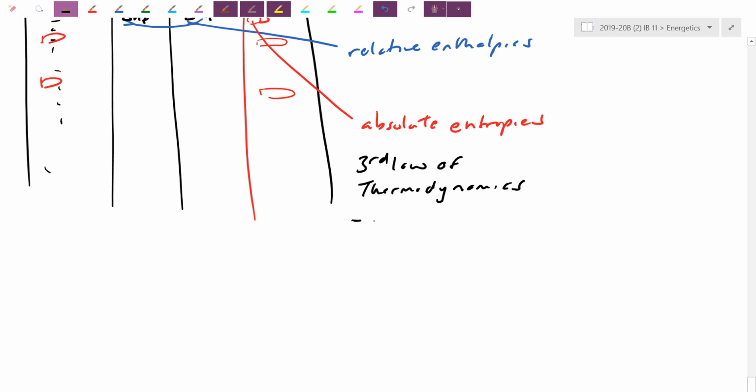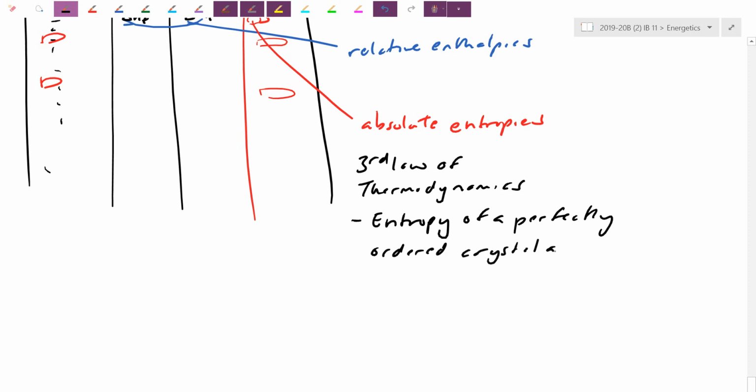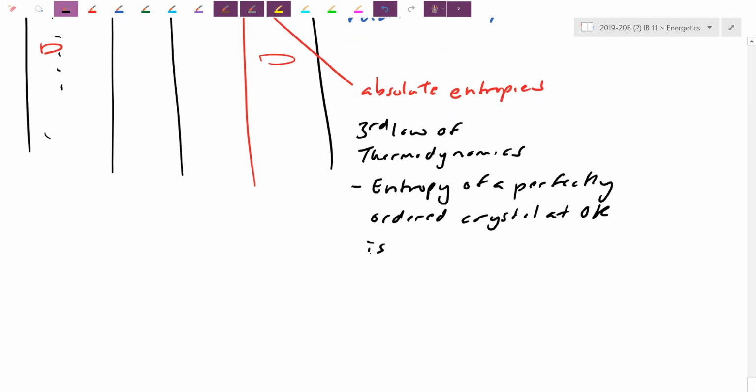And here, the third law is: the entropy of a perfectly ordered crystal at 0 Kelvin is exactly, absolutely 0 joules per Kelvin mole.